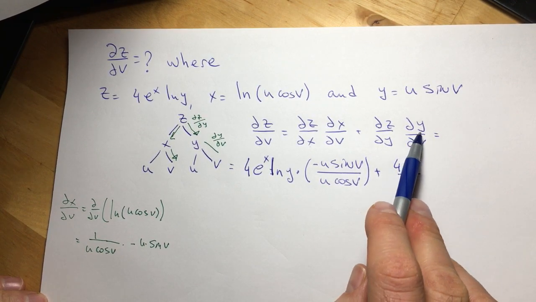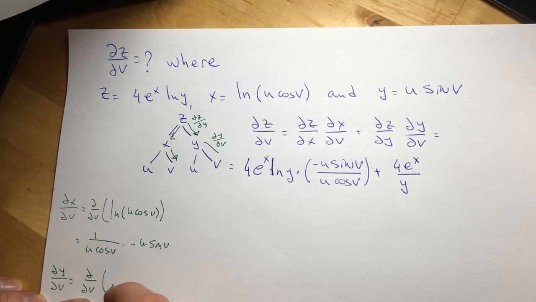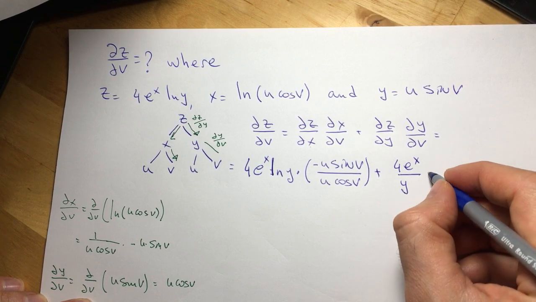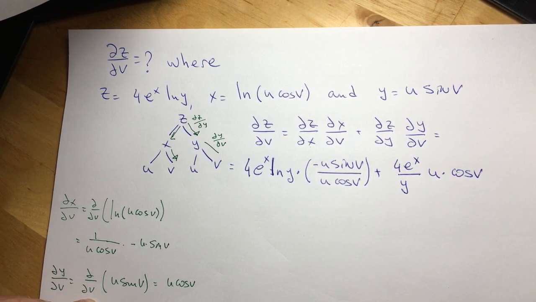And now partial y, partial v is the derivative of u times sine of v with respect to v. I treat u as a constant, so that's u times cosine of v, times u times cosine of v.